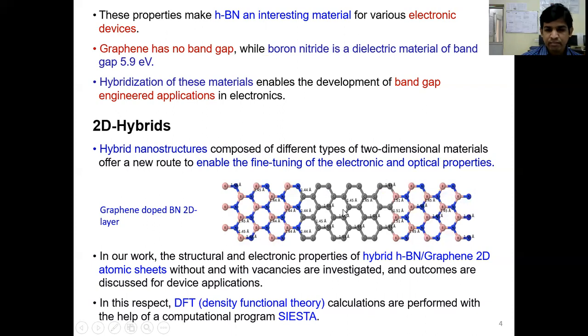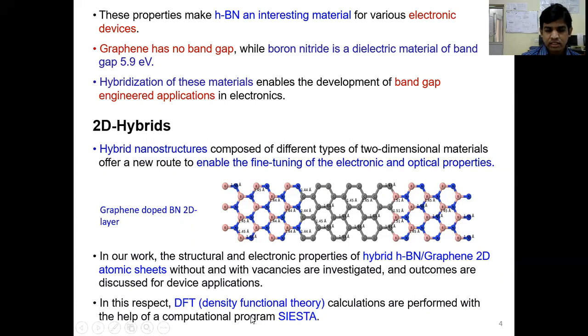When these hybrids are made, the band gap can be tuned, and the electronic properties will be enhanced, and the response will be higher than pristine two-dimensional materials. And in our study, structural and electronic properties of different two-dimensional hybrids are analyzed.